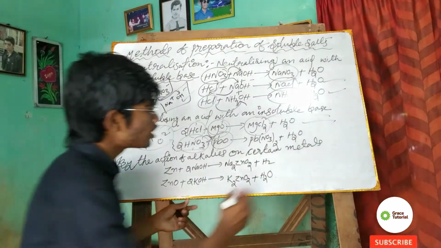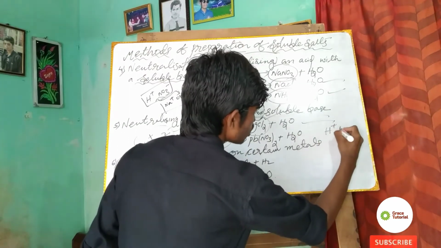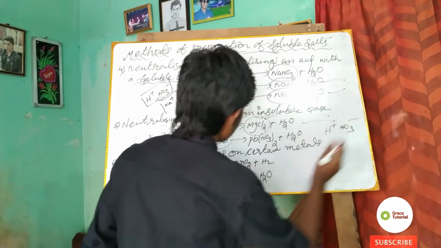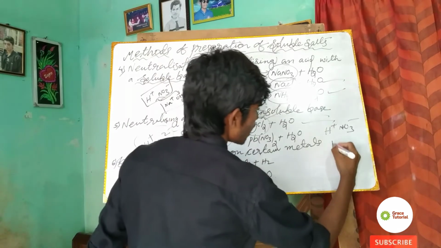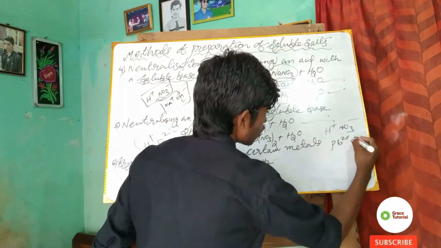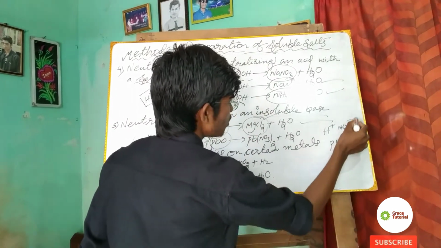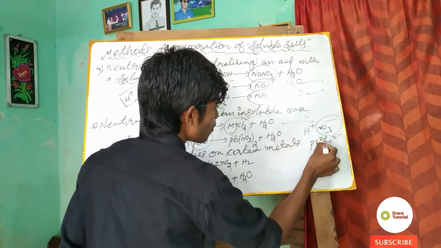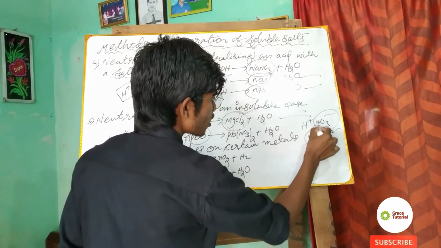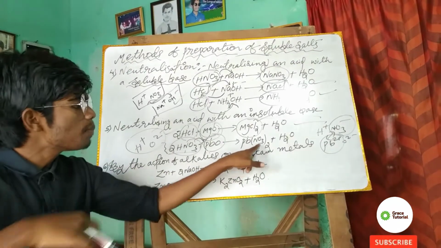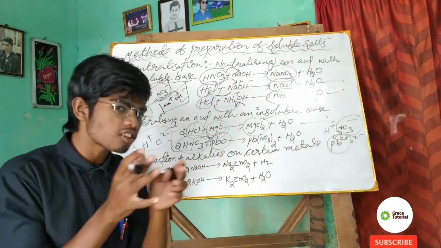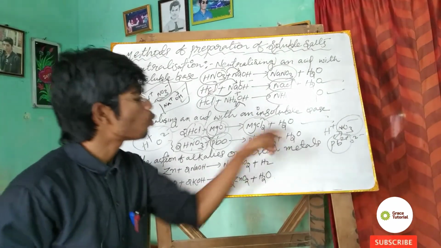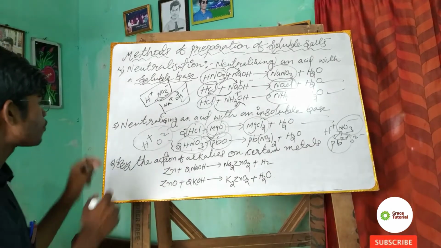If you dissociate this nitric acid, you will get H plus and NO3 minus. Similarly, if you dissociate this lead oxide, you will get Pb2 plus and O2 minus. That means the negatively charged particle of this compound will react with the positively charged particle of this compound, and in this way Pb(NO3)2, that is lead nitrate, is obtained with the liberation of the water molecule. So that is the fifth method.